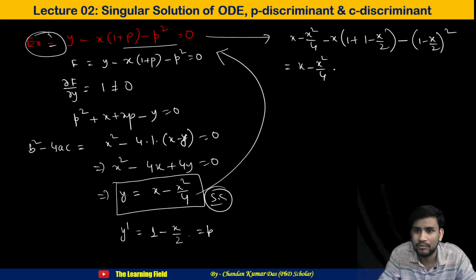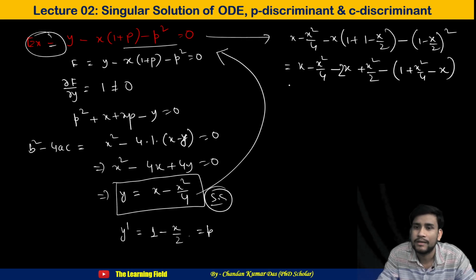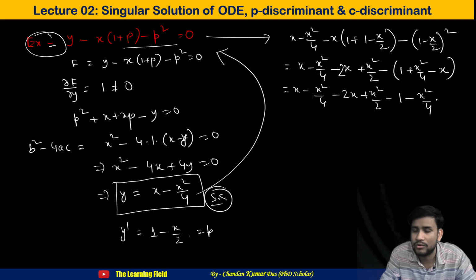The x square by 4 terms, x square by 2 terms cancel, the x terms cancel. This is equal to minus 1, but this is not equal to 0.